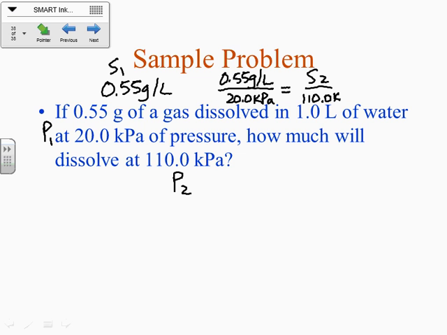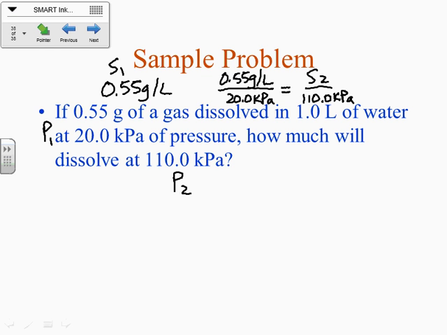All right, let's stop and make a prediction here. Is this number going to be higher or lower than the original solubility? Higher, because what are we doing to the pressure? We're increasing it. So we're going to push more gas into the solution. More of it's going to dissolve. So the solubility of the gas is now going to be higher. That's the prediction, at least. We'll see if that mathematically works out.